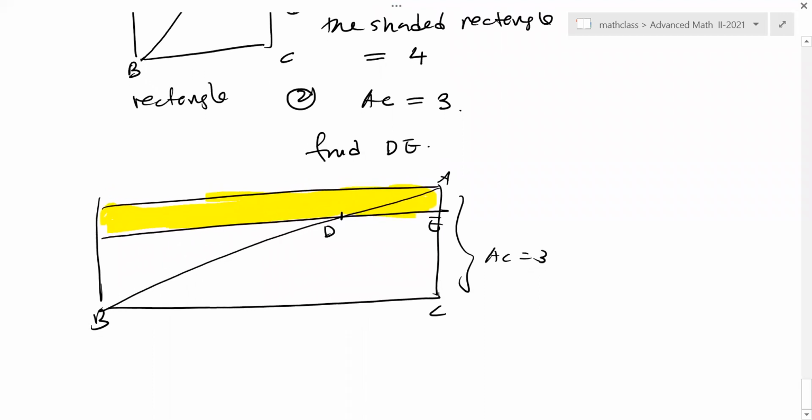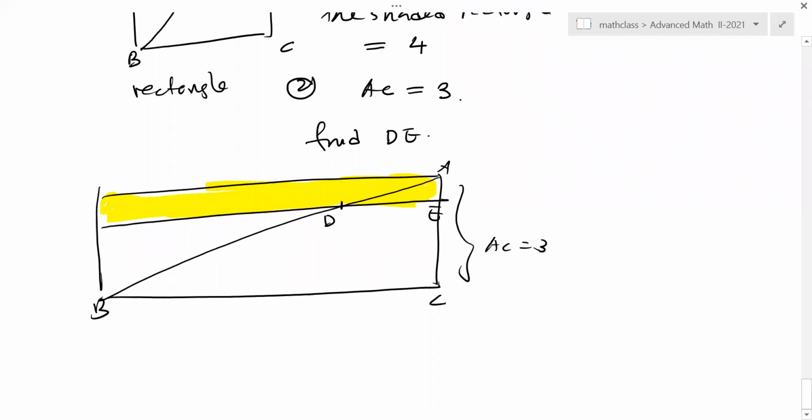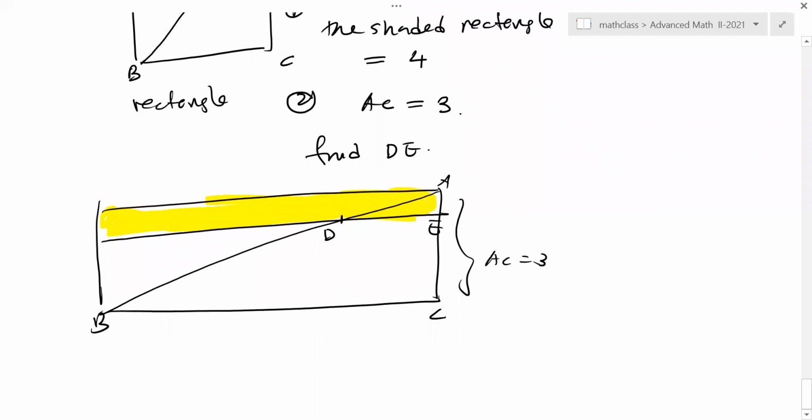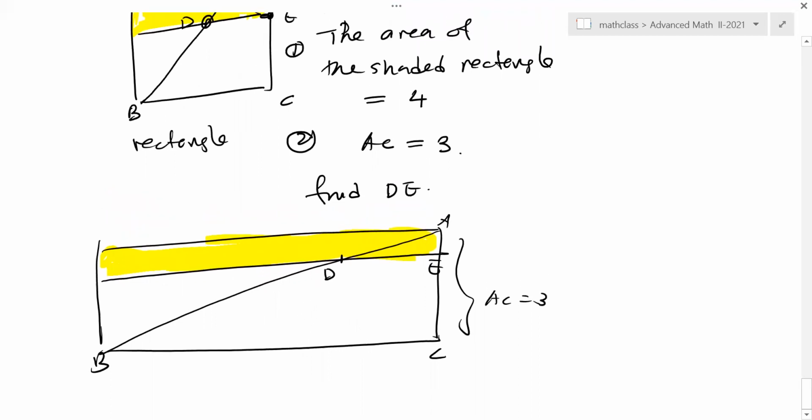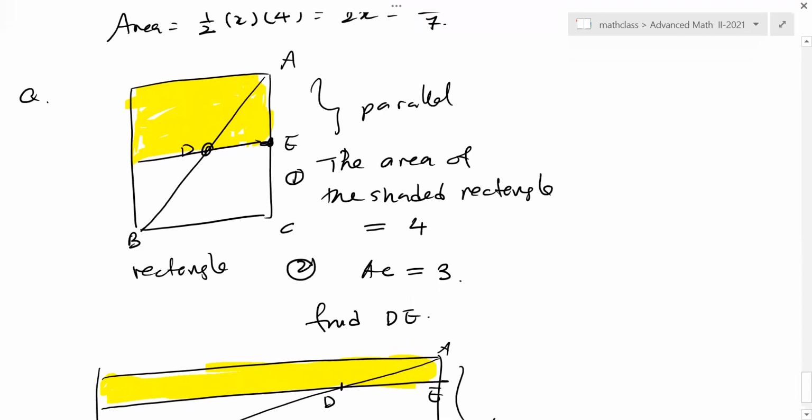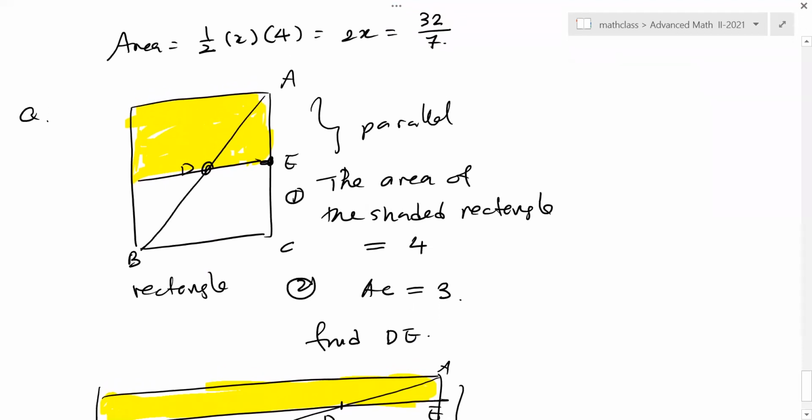I think I showed all the pictures here. Maybe your screen on the phone is a little bit small. Okay, let's go back to the original picture. This is the original picture.